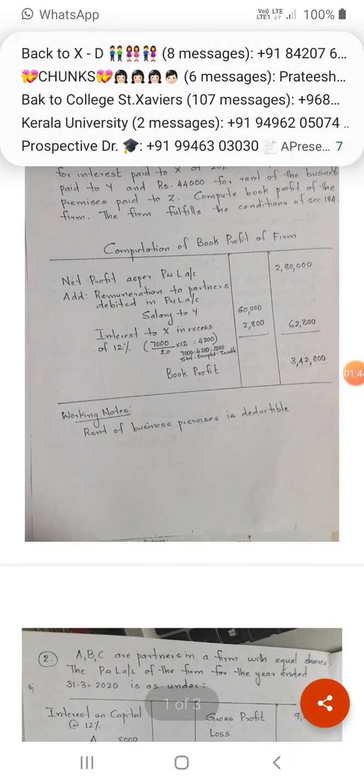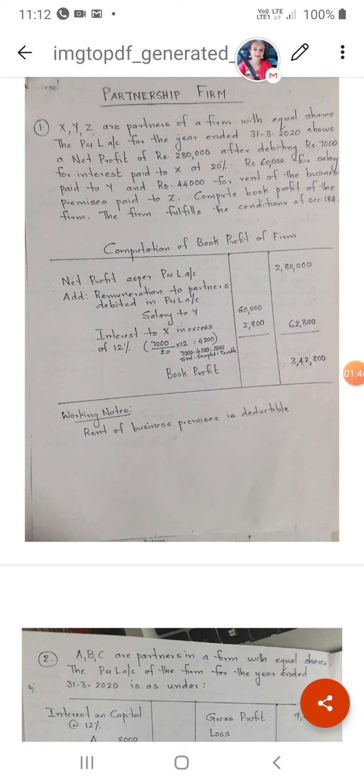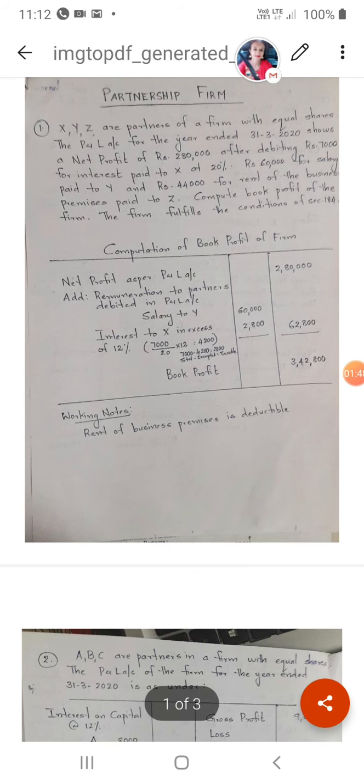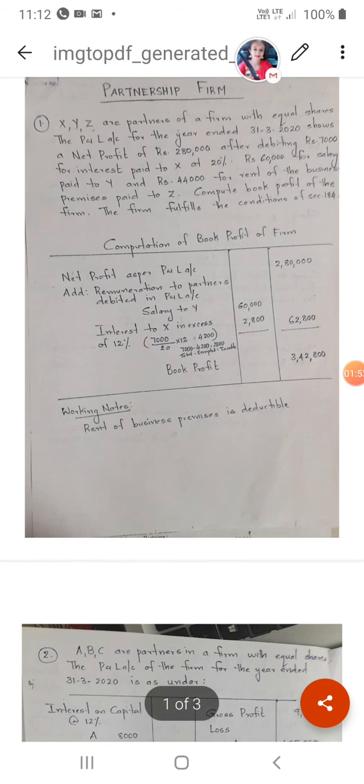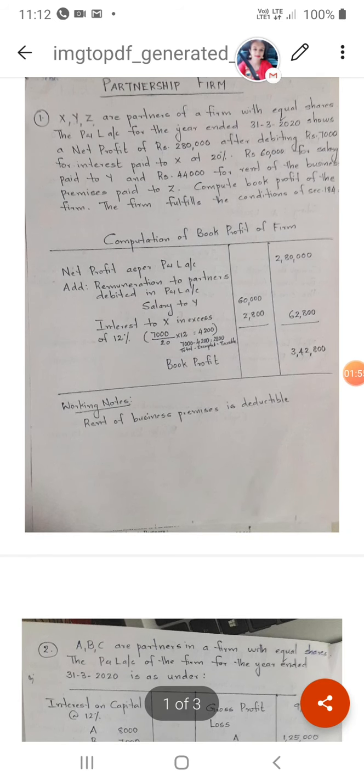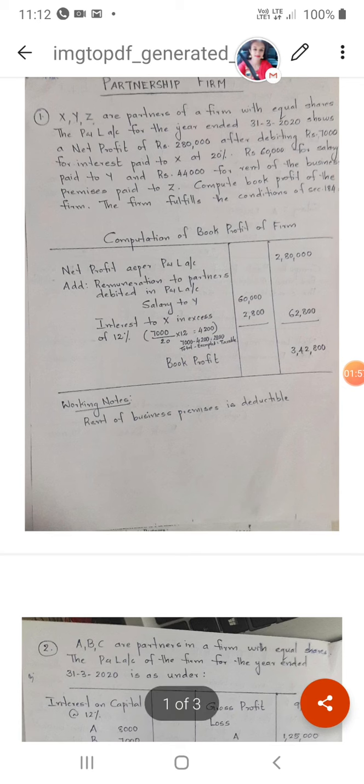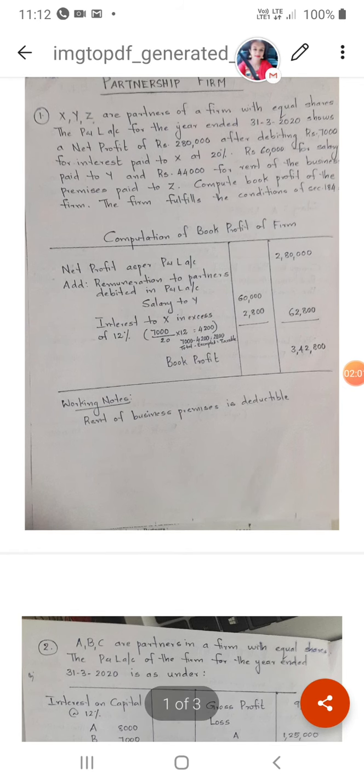Compute the book profit of the firm, and 44,000 for the rent of business premises. Rent provided for the business premises is paid to Z. Z is our partner, 44,000.